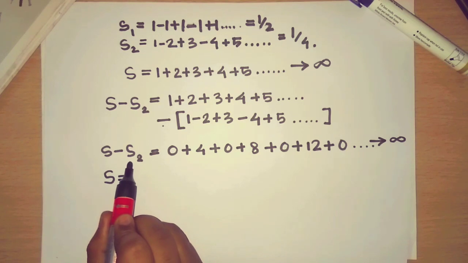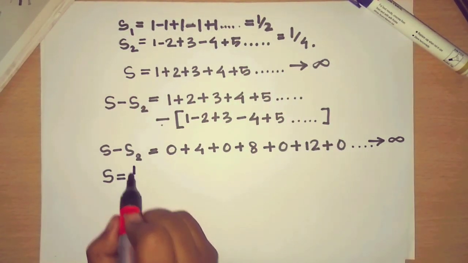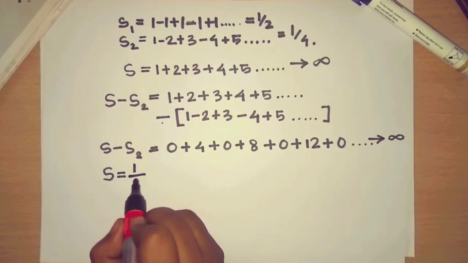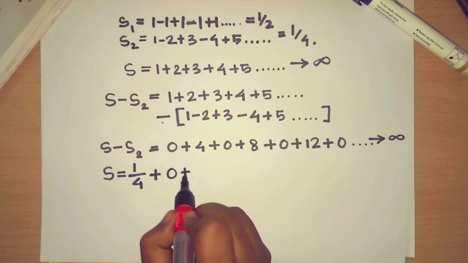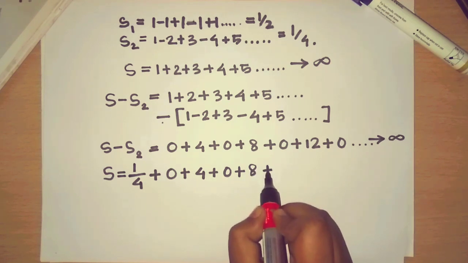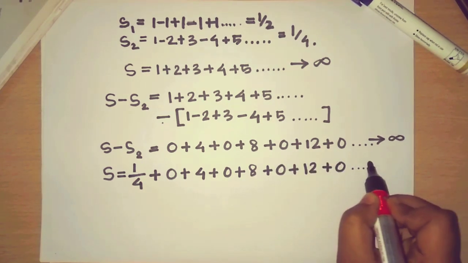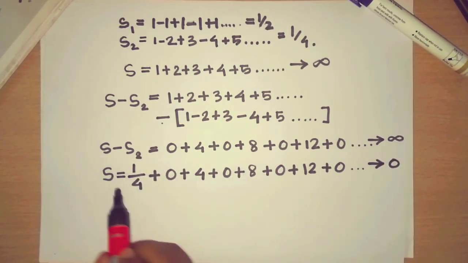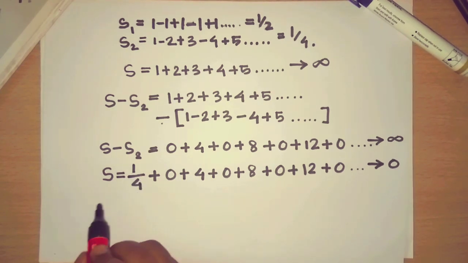We found the value of s2 earlier, that is 1 by 4. So s equals 1 by 4 plus 0 plus 4 plus 0 plus 8 plus 0 plus 12 plus 0, and it goes on. I just shifted the minus s2 to the right hand side and minus changed to plus, and s2 is 1 by 4.